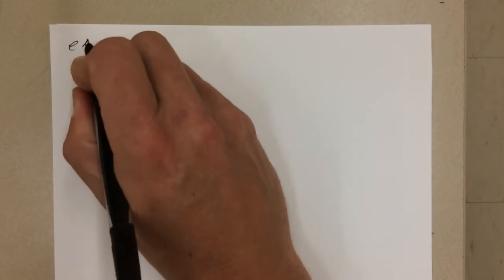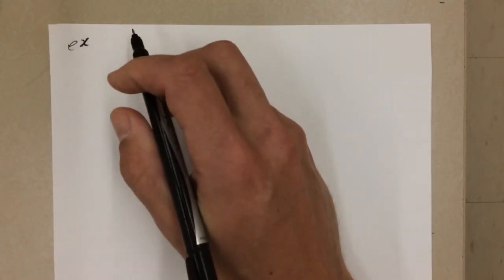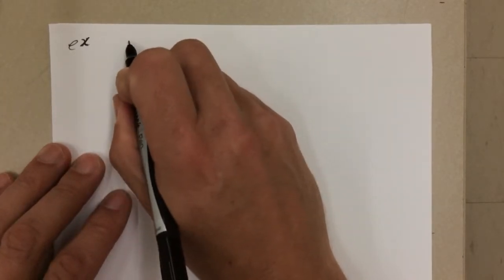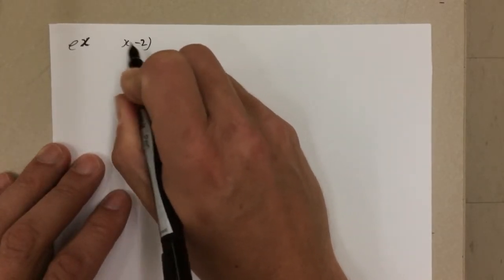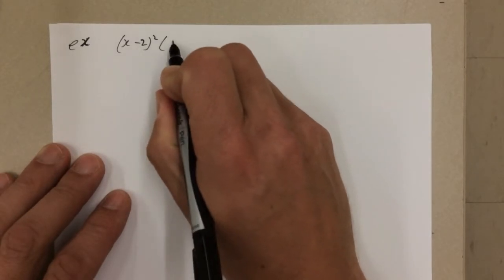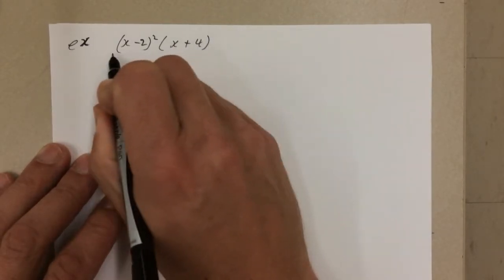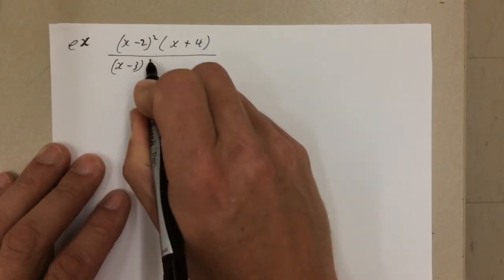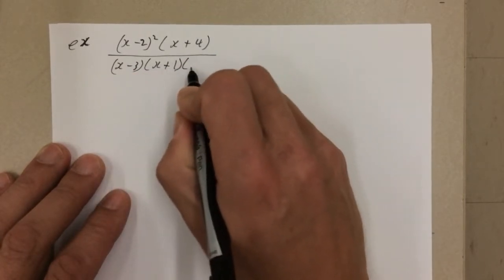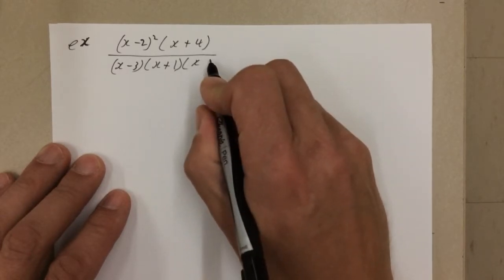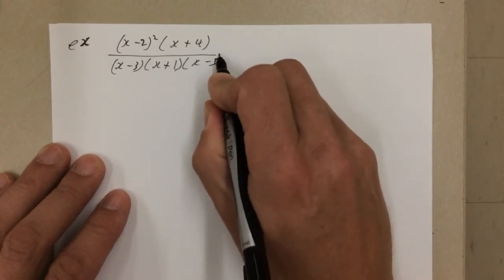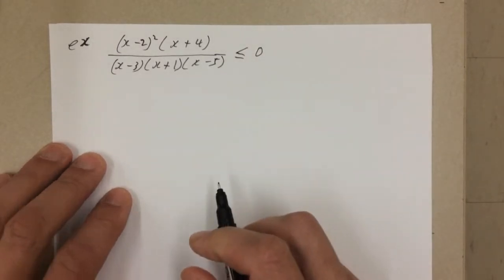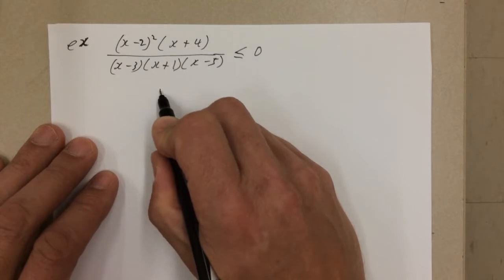Let's do (x - 2) squared times (x + 4) over (x - 3)(x + 1)(x - 5), and say less than or equal to 0. Okay, let's try this one.